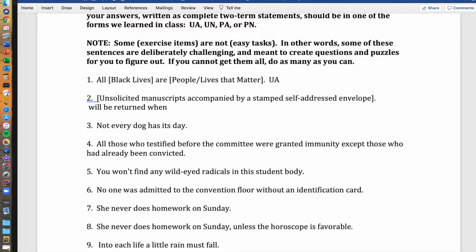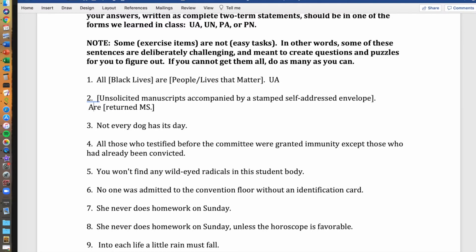All of that is the subject term. Then it says will be returned. What will be returned? Well, the manuscripts, right? So we'll just call that returned manuscripts. And that's the predicate term. Get rid of the when. Unsolicited manuscripts accompanied by a stamped self-addressed envelope will be returned. In other words, are returned manuscripts.